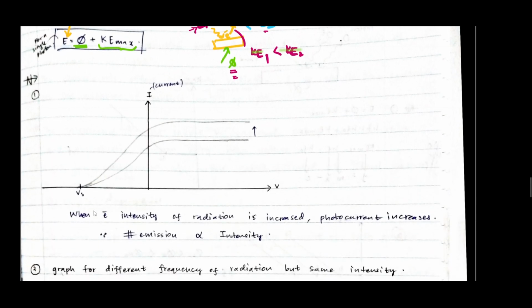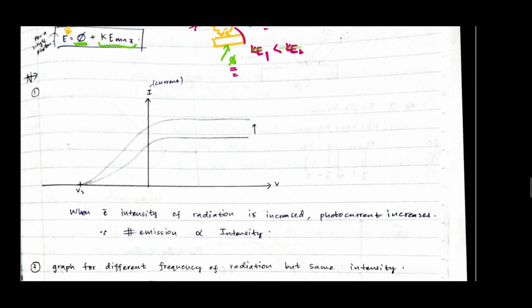Now let's go through these notes. When the intensity of radiation is increased, photocurrent increases, since the number of emissions is proportional to intensity. What do we mean by increasing the intensity of radiation?